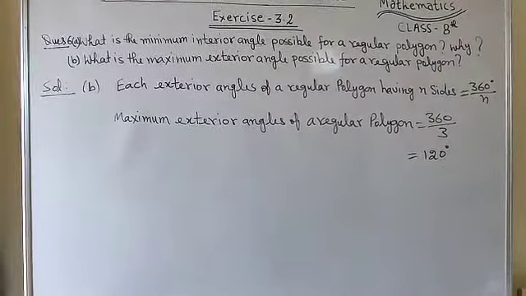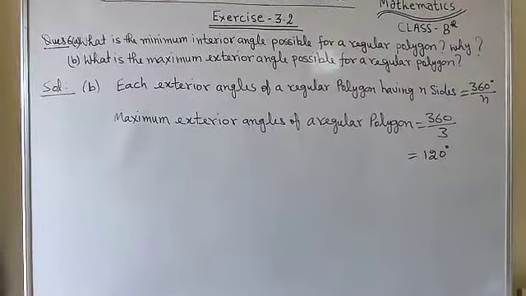Here it is given that it is a regular polygon, so all 3 exterior angles are equal, 120 degrees each. If the exterior angle is 120 degrees, then the interior angle is 180 minus 120, that is 60 degrees. This one is also 60. So for a regular polygon whose number of sides is 3, every interior angle is 60 degrees.